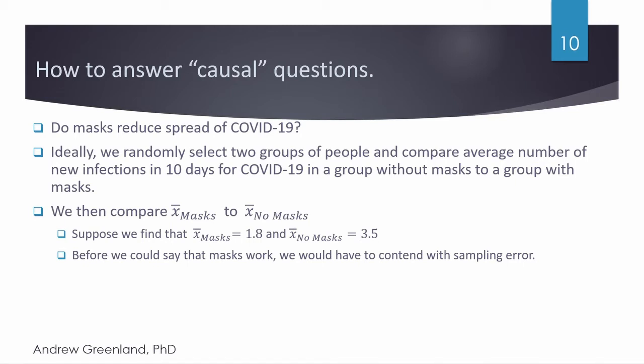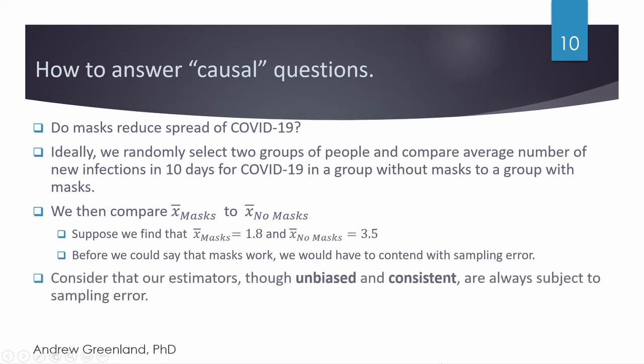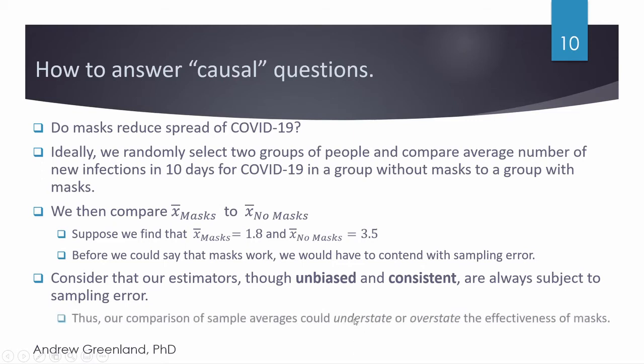Now, what I mean by this is we need to account for the fact that sampling error is going to mean that sometimes we are going to end up with numbers that are different from their true population values. And even though our sample averages here are unbiased and consistent estimators of the population means, since there will be sampling error, the comparison of these two sample averages could, in theory, understate or overstate the effectiveness of masks.